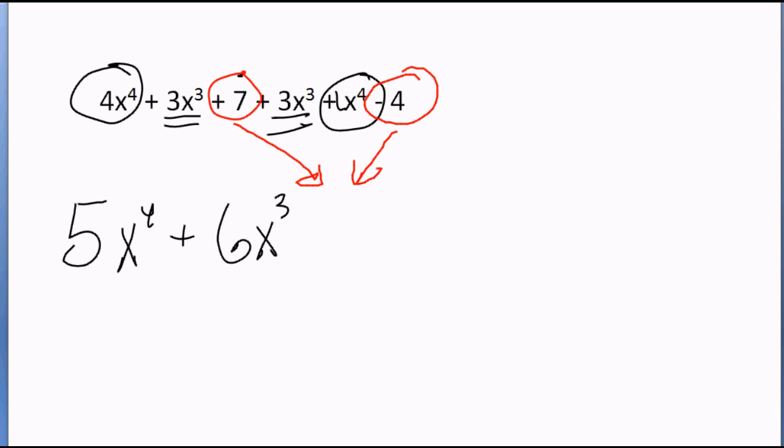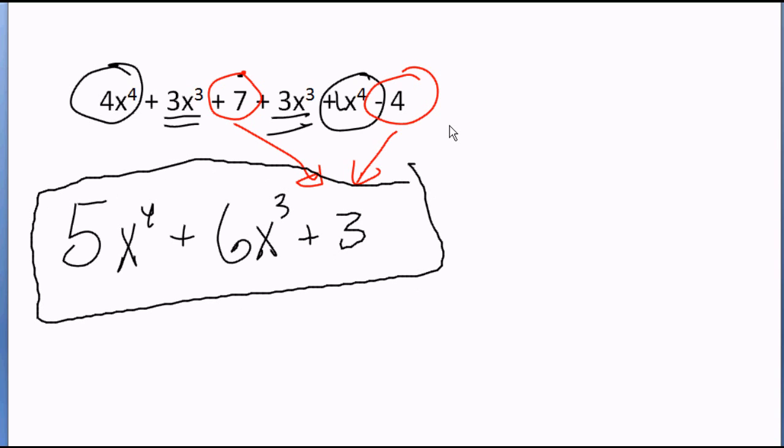A plus 7 and a negative 4 is a plus 3. 7 minus 4 is 3. And there's my answer. And as you can see, it's customary to keep the highest power x's first: x to the 4th, x cubed, if you had any x squareds or x's, you put them next, and then numbers at the end.